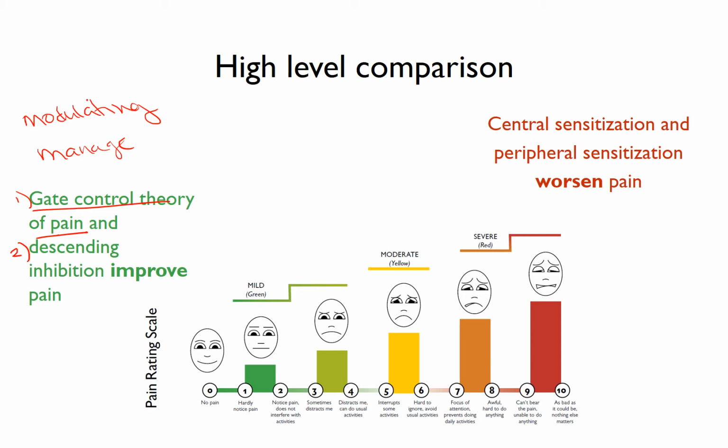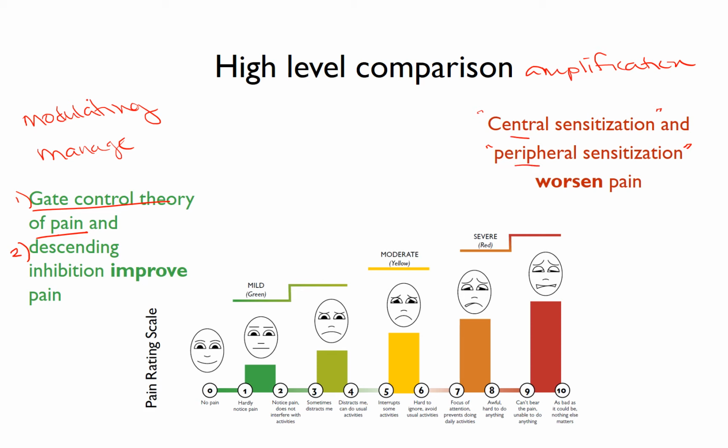Pain amplification, over here on the right, takes place because of two theories, if you will, of how this can come about. One is known as peripheral and the other is known as central sensitization.